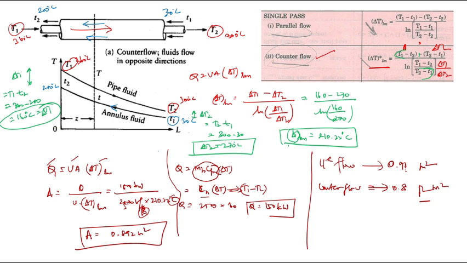So for the same inlet and outlet conditions, the same mass flow rate and the same specific heat of fluid, the counterflow heat exchanger is preferred, because in many industrial applications the counterflow heat exchanger is preferably used when compared to parallel flow heat exchangers.